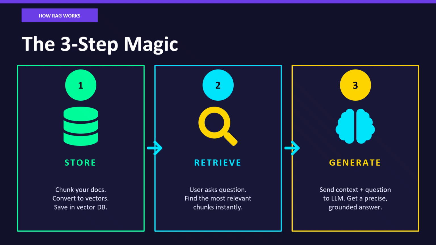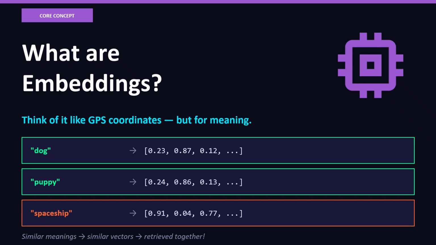That's RAG. Okay, one concept you need to understand before we code is embeddings. Here's how I like to think about it. Imagine GPS coordinates, but instead of location, they represent meaning. The word dog becomes a list of numbers, maybe 0.23, 0.87, 0.12. The word puppy becomes almost the same numbers, 0.24, 0.86, 0.13.